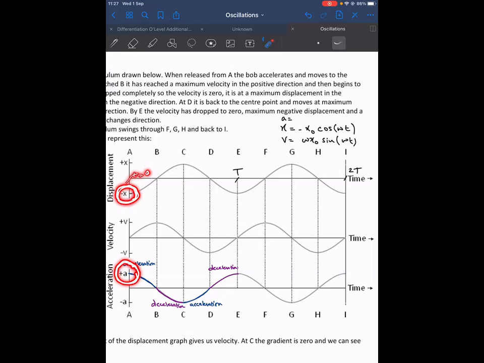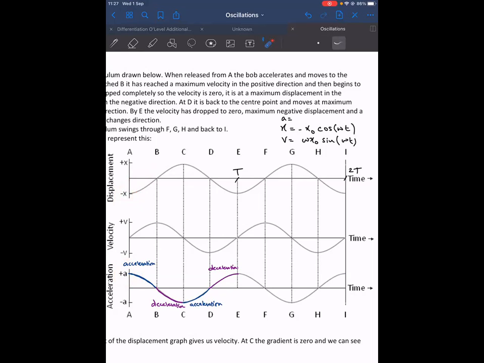तो अगर आपकी initially displacement minus x है, तो ये जो आपकी acceleration है, that's going to be maximum but positive. तो आपको जो shape है ना, that was the variation, the displacement took the shape of a negative cosine curve.